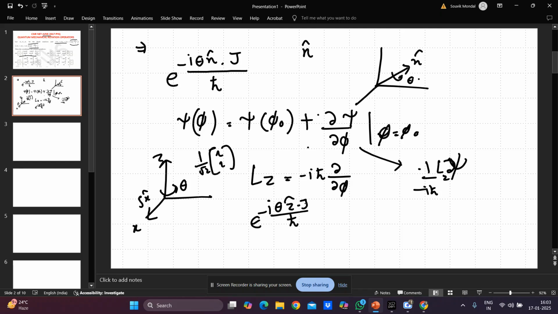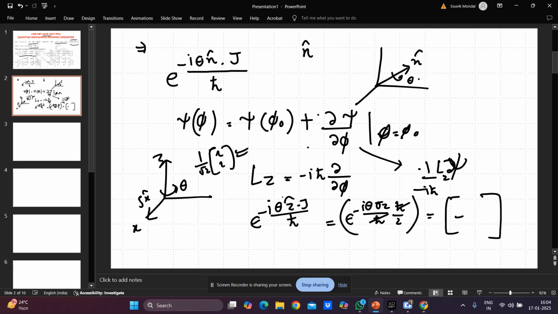This will simply give you Sz, and Sz is equal to h cross by 2 sigma z. So this is simply your rotation operator, and you have to evaluate the matrix form of this and apply it to this matrix to get your new spin state. So this is basically the rough idea.